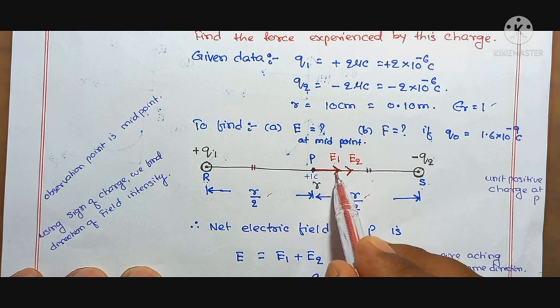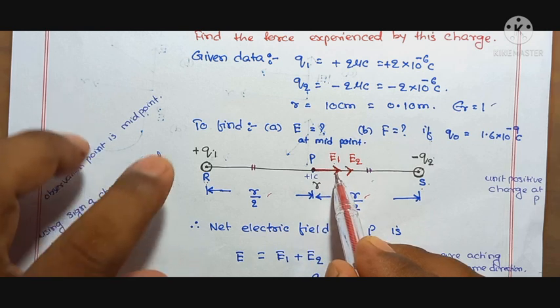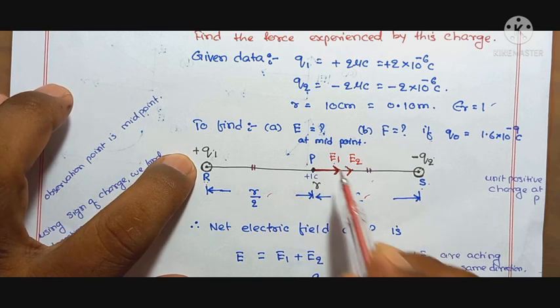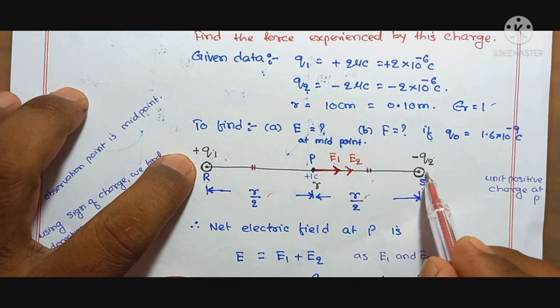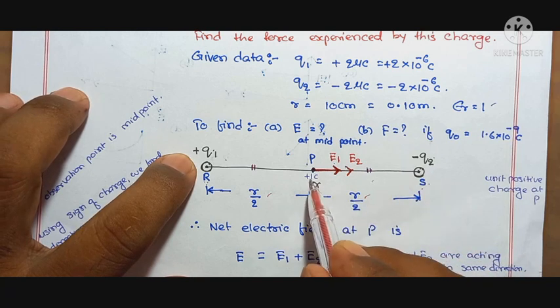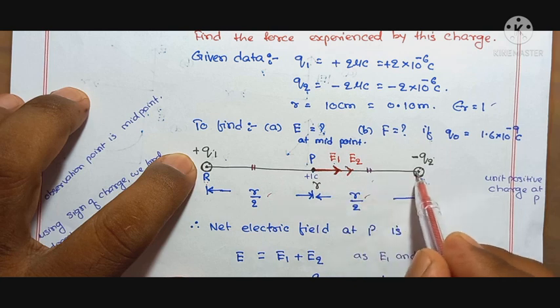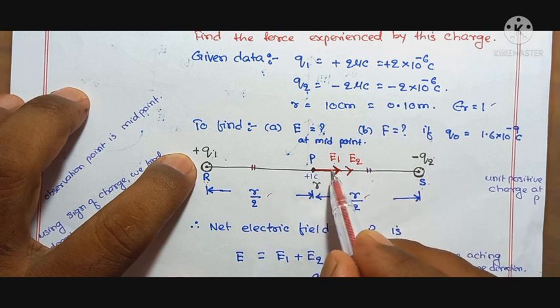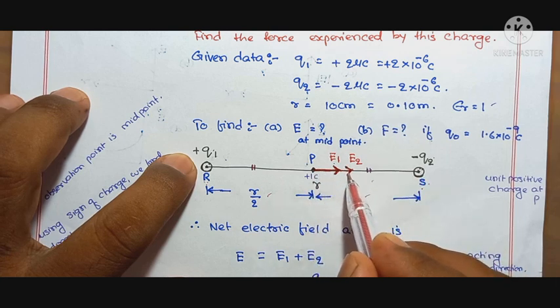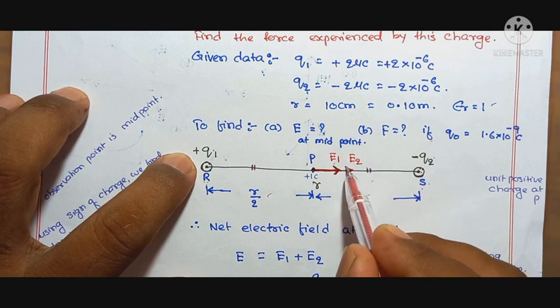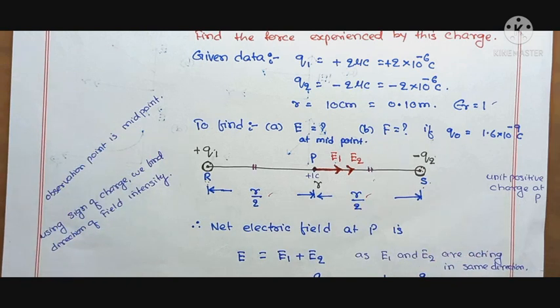That means electric field intensity due to this charge, positive charge, is along this direction. Now this is negative charge. This is plus 1 coulomb charge. This will be attracted towards this charge. So this will move in this direction. Then electric field due to this charge E2 is in this direction.